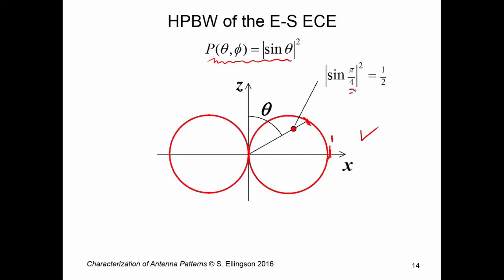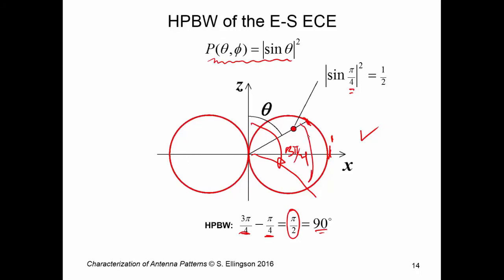So from this we can obtain the half-power beam width simply because, well, we've already figured out it's pi over 4 on one side. It's going to be, by symmetry, 3 pi over 4 on the other side. So we have pi over 2 as the total angle, or we can say 90 degrees. So this distance here to here is 90 degrees. That's half-power beam width.